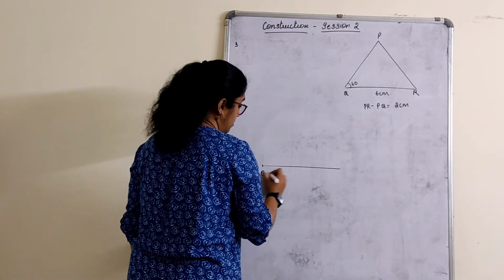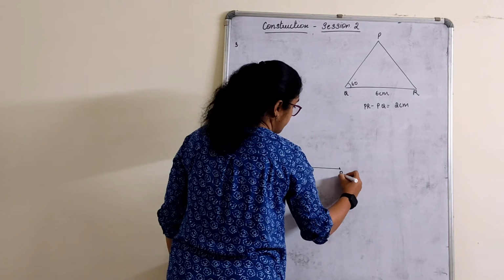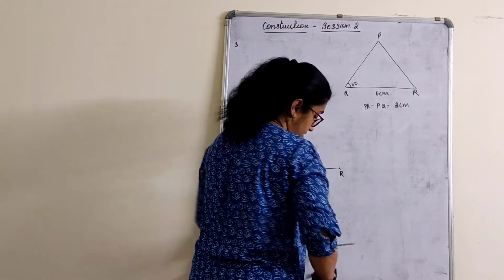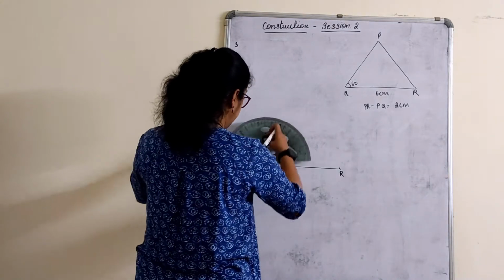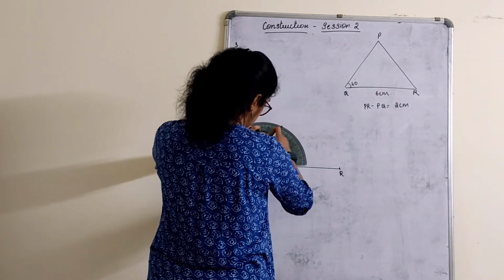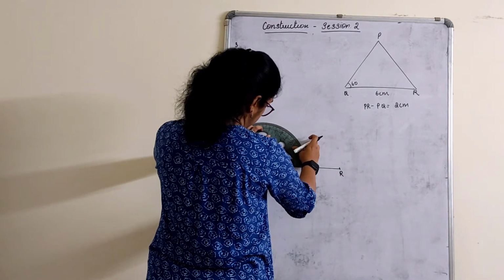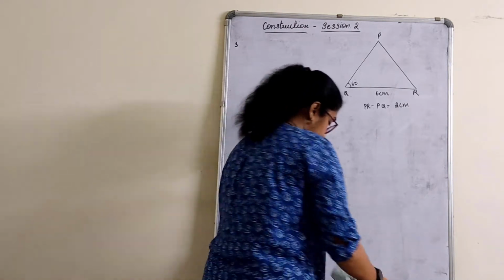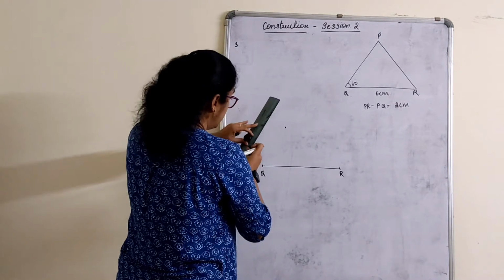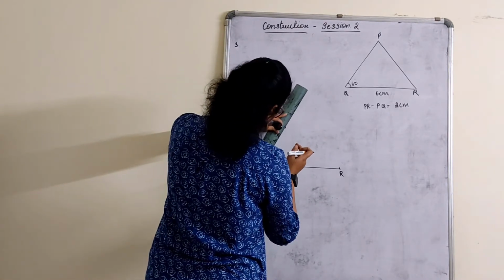This is QR. 60 degree, again left to you, whether you have to do that by an actual construction. 60 degree, let me mark it here now. So 60 degree is here. Draw 60 degree angle with respect to this.